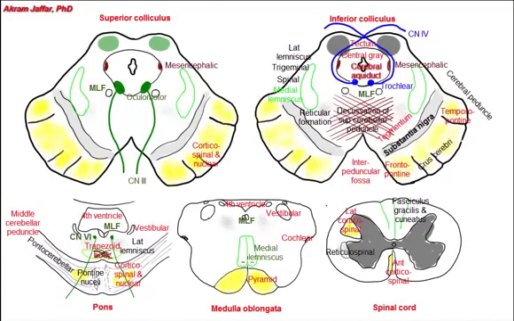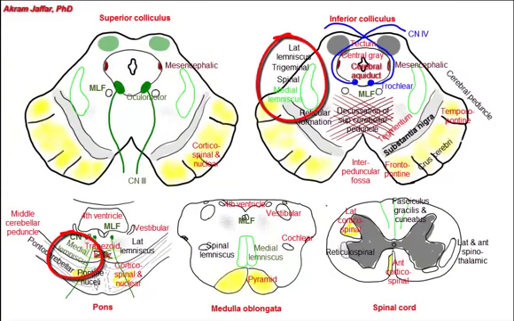The trigeminal lemniscus joins these lemnisci, the medial, lateral, and spinal lemniscus. The trigeminal lemniscus is formed of fibers of sensory nuclei of the trigeminal nerve that carry sensation of all modalities from the face and proprioceptive sensations from the muscles of the face.